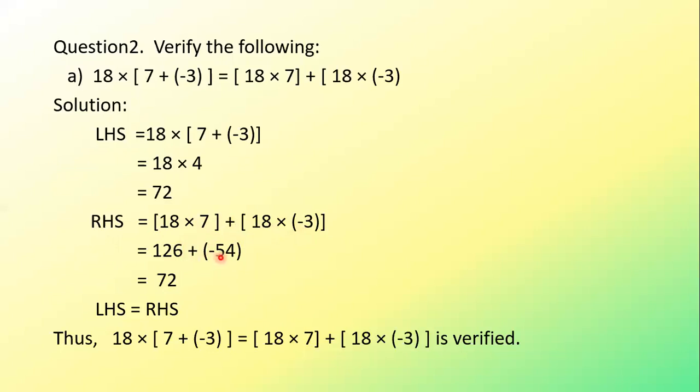When we add opposite signs, we see the difference and give the sign of the greater integer. 126 is positive, minus 54 is negative. The difference is 72 and the sign of the greater integer is positive. That means we are getting 72 here also as the final answer.